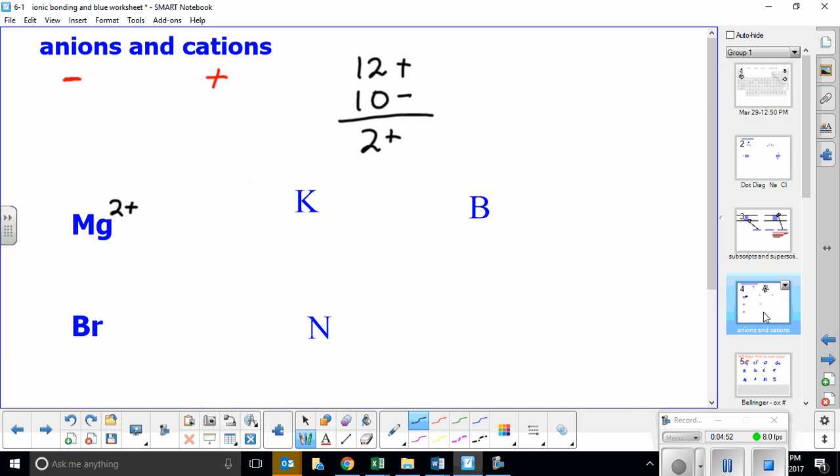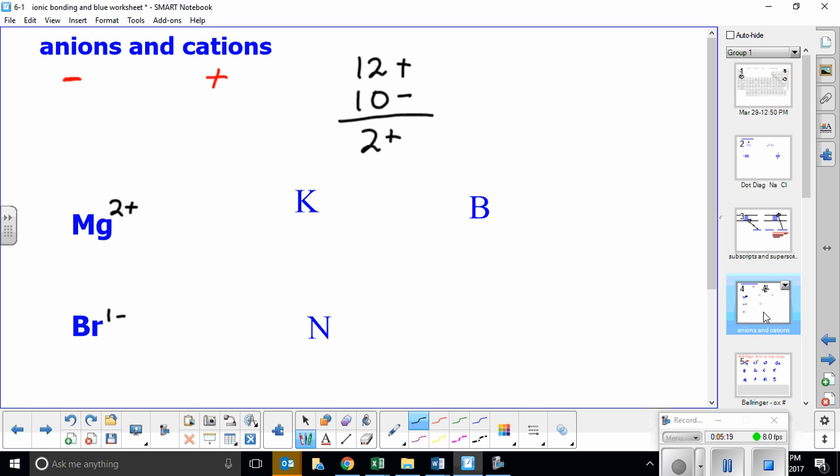So if it has 7, what it would like to do is it would like to gain 1. And again, if it gains 1 electron, since electrons are negative, it then would have a charge of 1 minus. So bromine is going to become an anion, and it's going to actually change its name to bromide, just like when girls get married, they change their last name often.